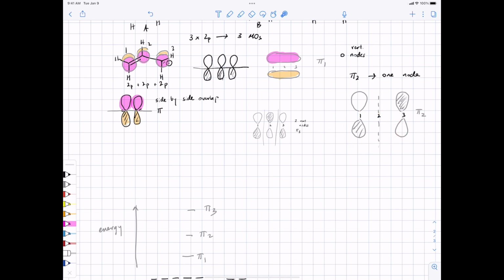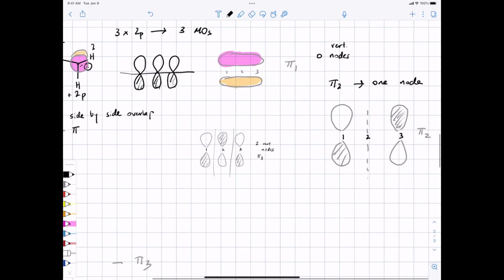Why is that the case? Well, because there's no situation here where two adjacent nuclei have electrons between them. And this is a minor point. This pi1 is a bonding orbital, and you can tell it is because you've got overlap with same wave function sign across two or more nuclei.